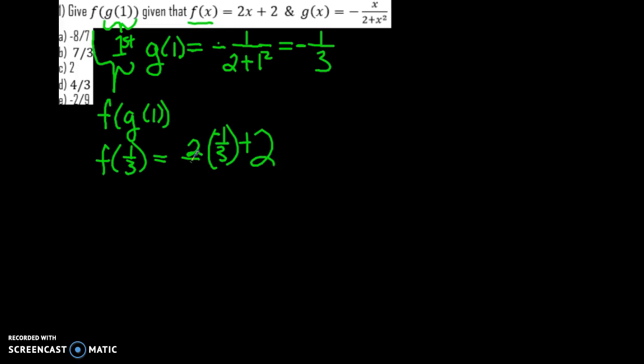We can change that to make it more recognizable how we multiply: 2 times -1 is -2, 1 times 3 is 3. I'm going to find a common denominator, which would be 3. To get 2, it's 6/3. And finally, we have 4/3. And our answer is D.